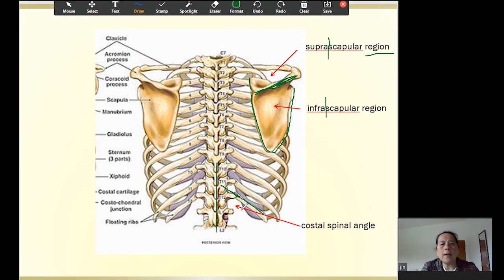So this area still forms an angle here, but we are not truly calculating how big the angle is. This area we call the costal spinal angle, meaning the rib and spine form an angle here.